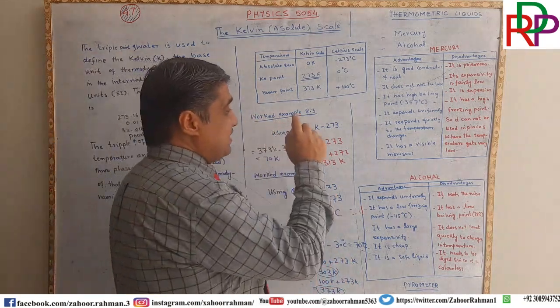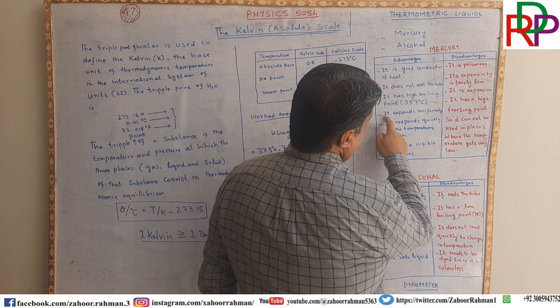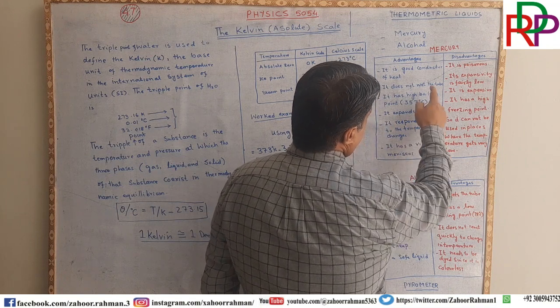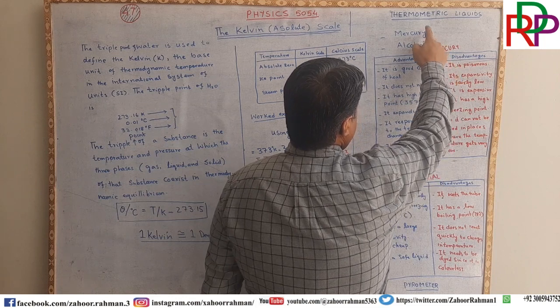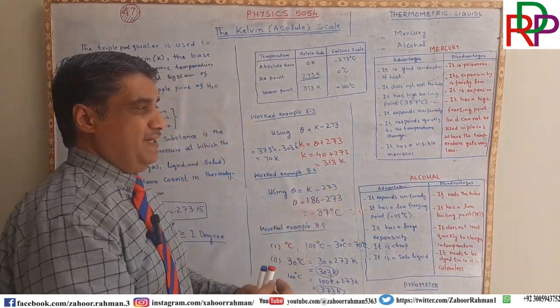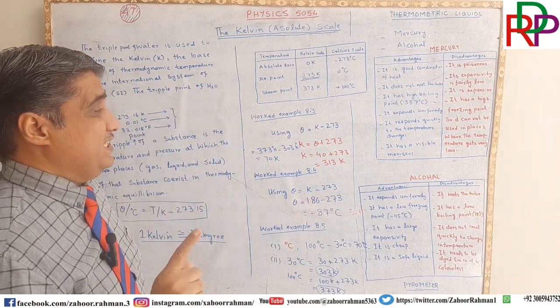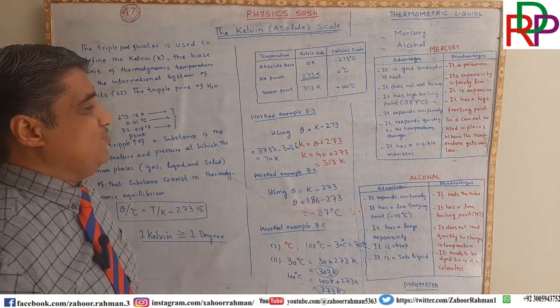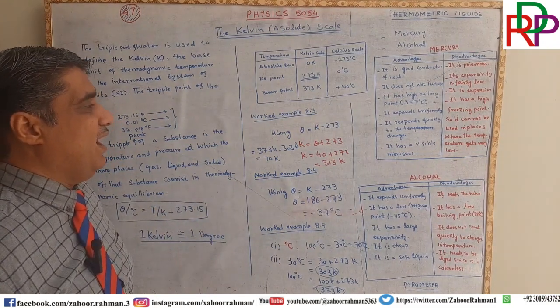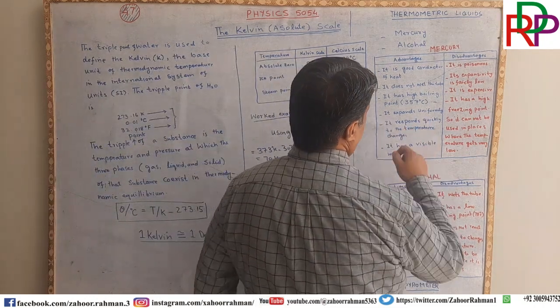So one very important aspect of using mercury in a thermometer is that it expands uniformly. When heat is given, it expands uniformly, so it means that it will give you the correct value of the temperature of the environment. So this is another advantage.